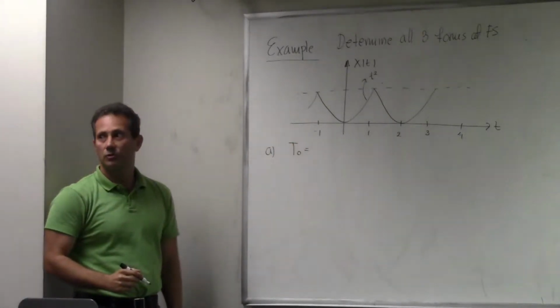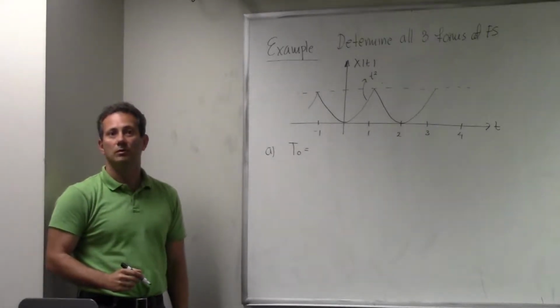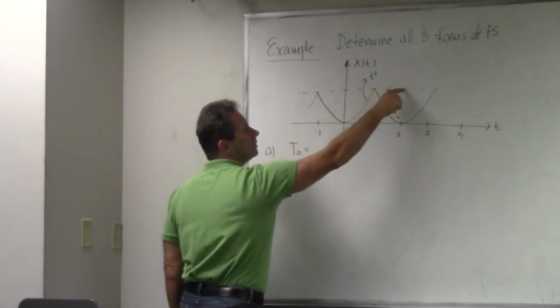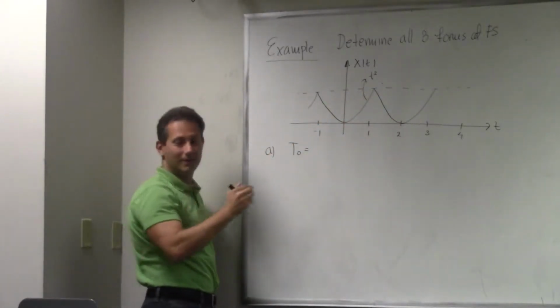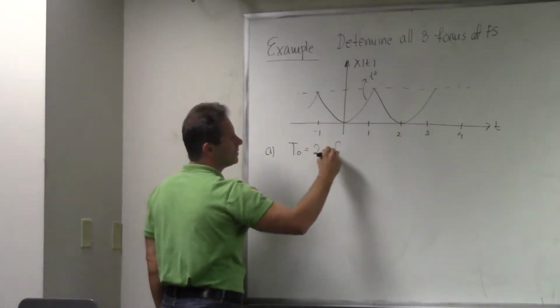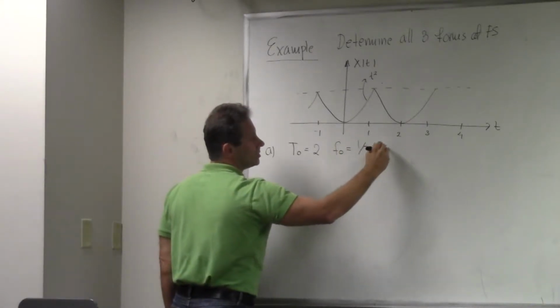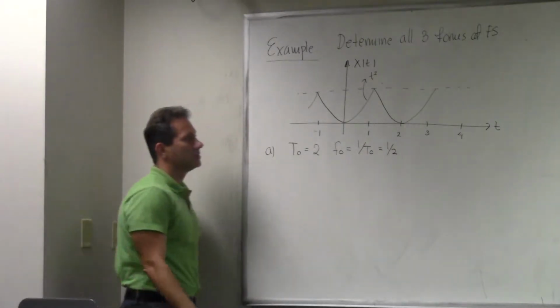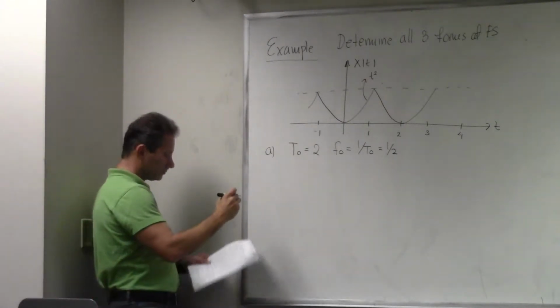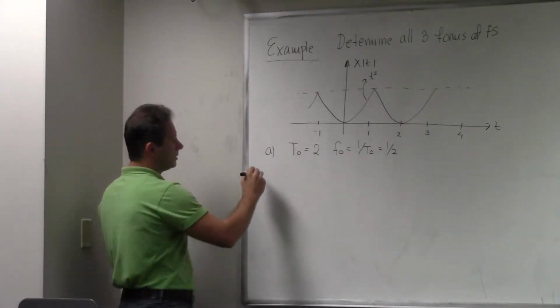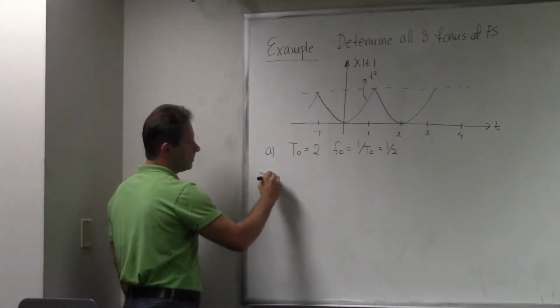Period is 2. What is the fundamental frequency? 1 over period, which is 1/2. So that's the first thing that we need to determine, and then we start with our steps.